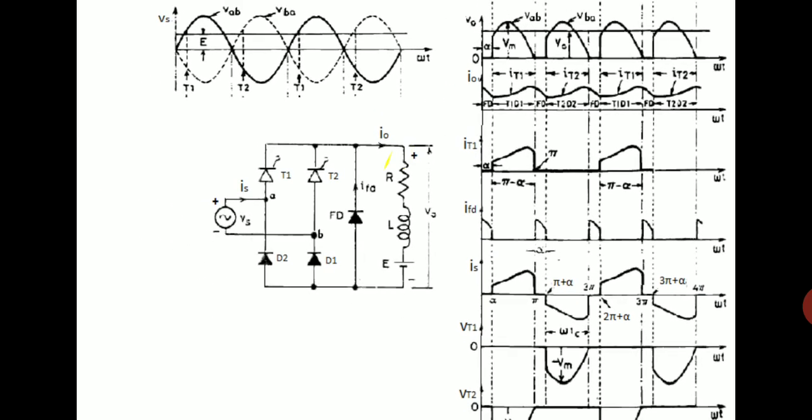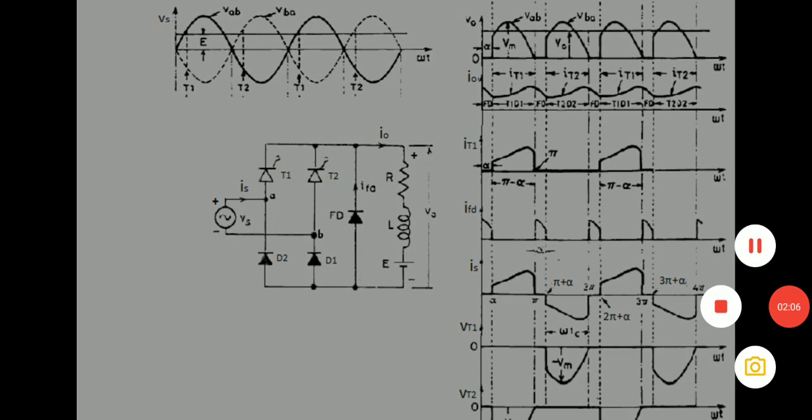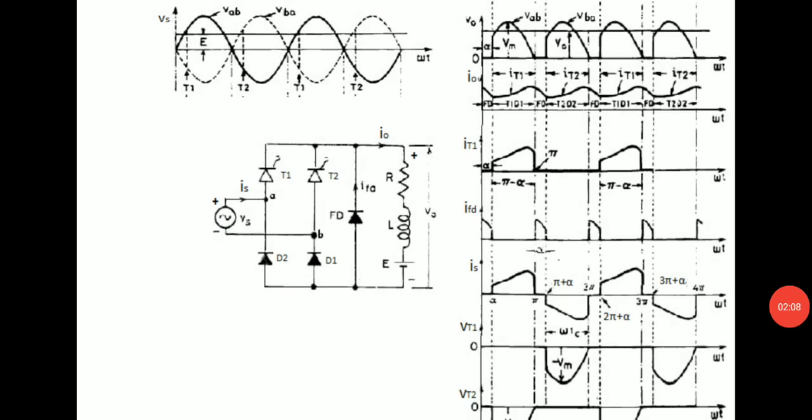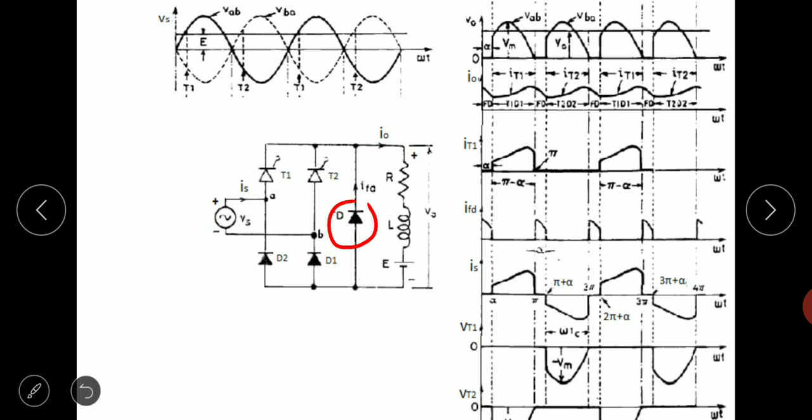Now, to analyze the function of the freewheeling diode, here we are assuming that, let us suppose, the freewheeling diode is not connected yet. The freewheeling diode is absent.